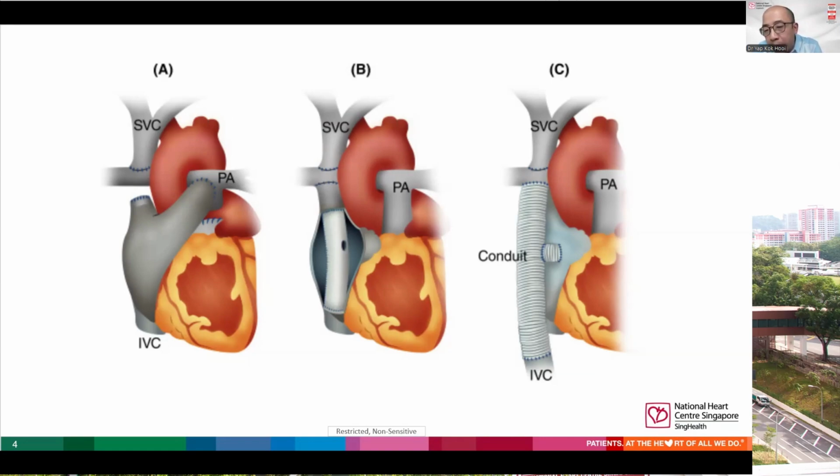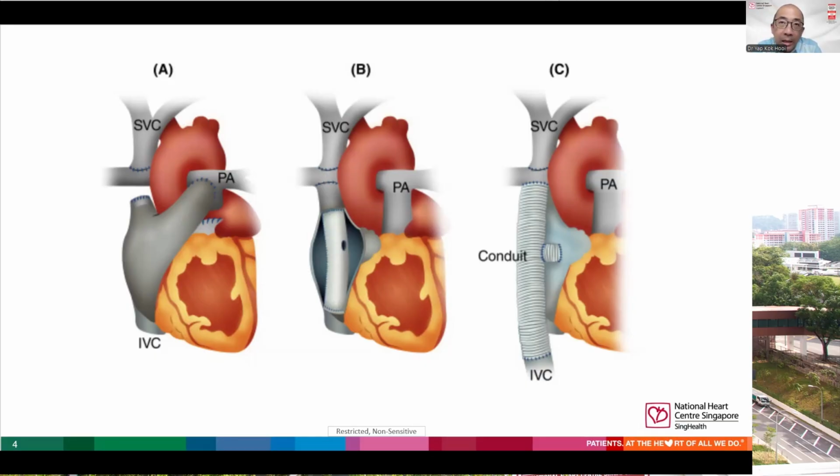So we have to do multiple operations to direct the red blood to this heart, the only heart that the patient has, and then send blood to the body, and we need to reconstruct a tube to substitute the missing heart. It's quite a complex operation, done multiple times. Usually we typically do 3 operations.